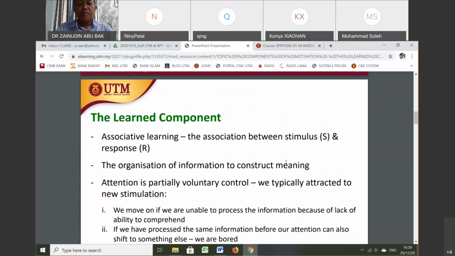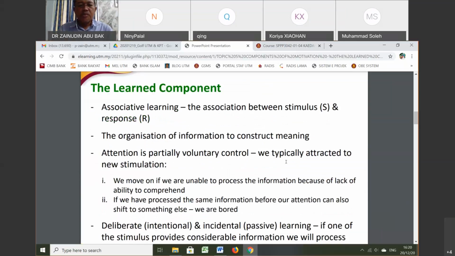So that's why the responses can vary from one person to the other. Sometimes they respond in this way, sometimes the other person responds in that way. So how we understand the responses in regard to the learning activity is very important.